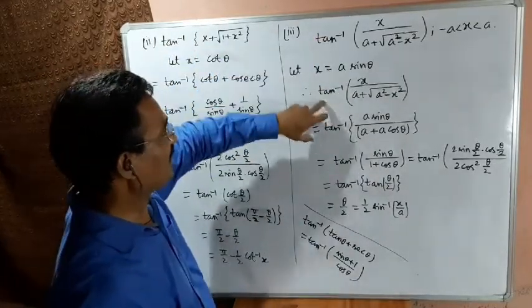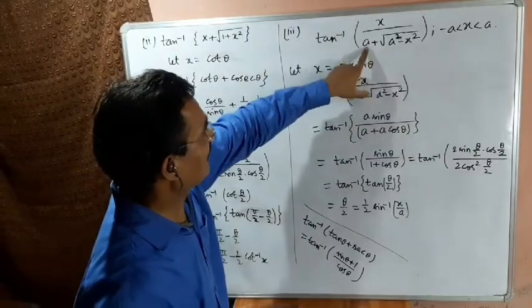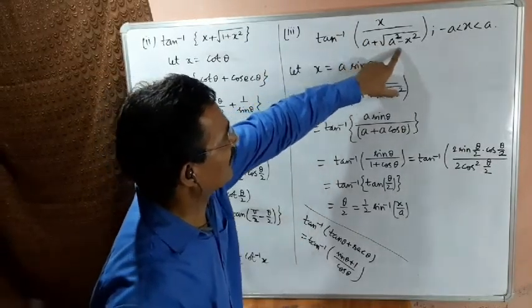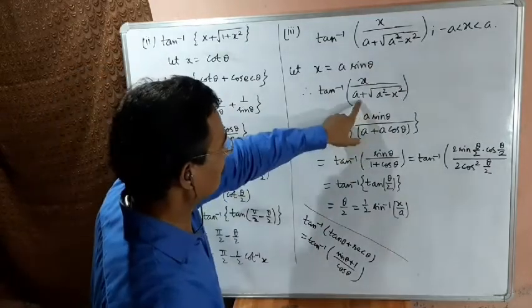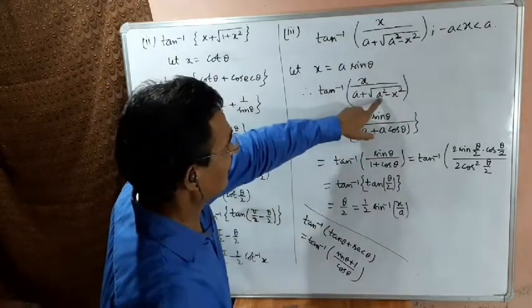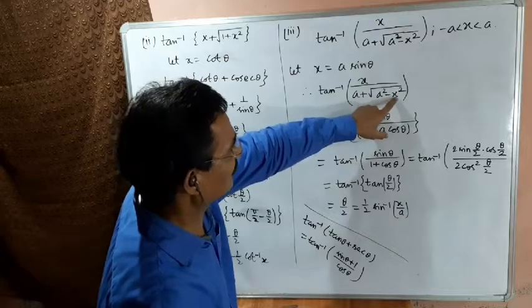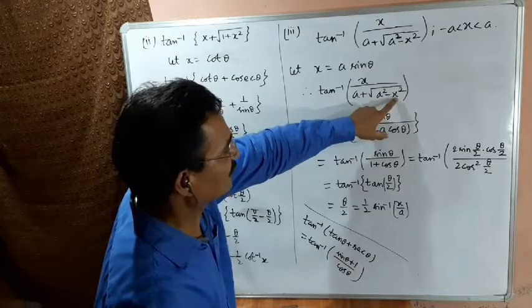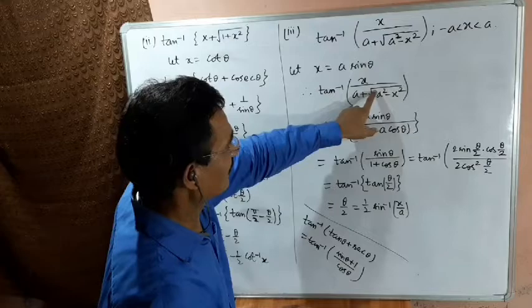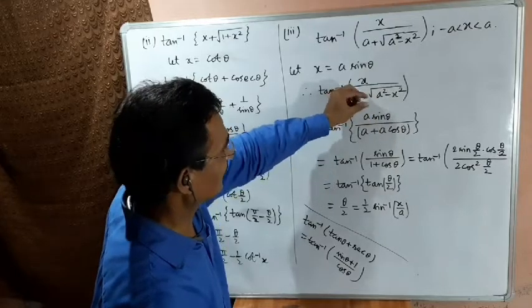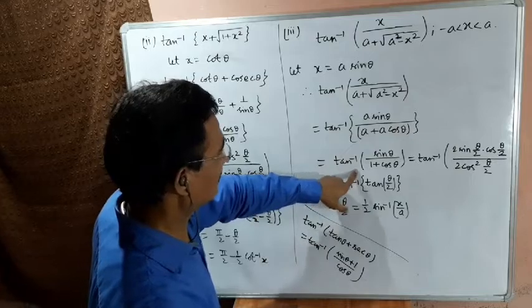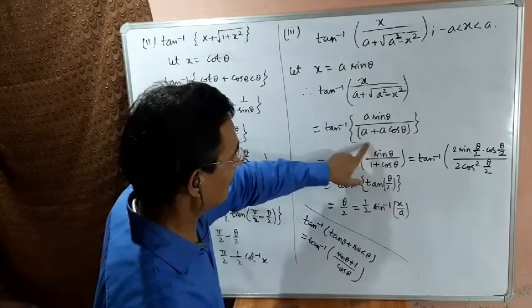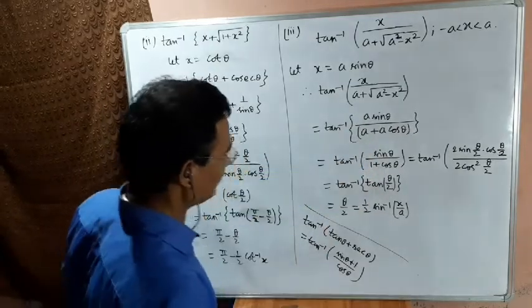Therefore, this expression will be a sin theta by a plus under root a square minus a square sin square theta. So this is the a, and a square minus a square sin square theta will be a square cos square theta. After taking the square root, this will be a cos theta. This equals tan inverse, a cancelled out, sin theta by 1 plus cos theta.